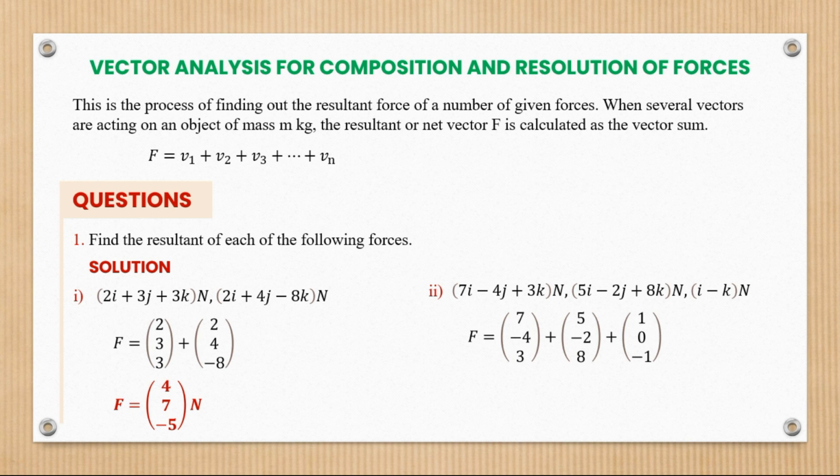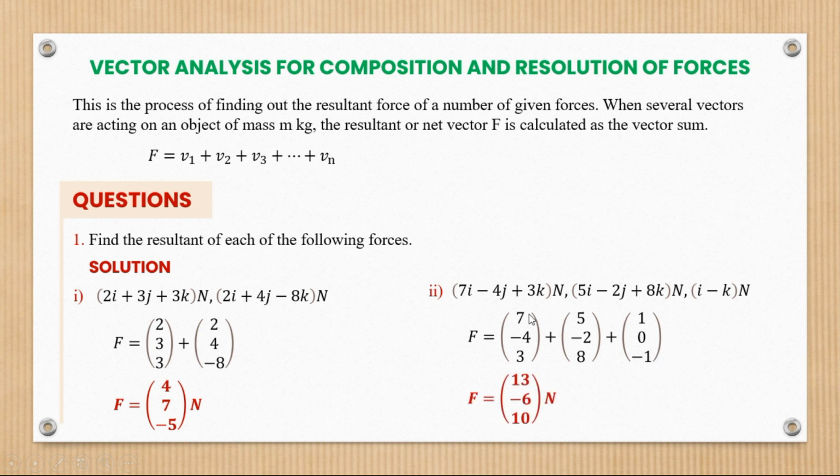The resultant force F is 7, negative 4, 3 plus 5, negative 2, 8. Now, I only have an i and a k in the last one, so I don't have a j value. That means the coefficient in front of the j is 0. So for the i I have a 1, for the j I have a 0, and for the k I have a negative 1.